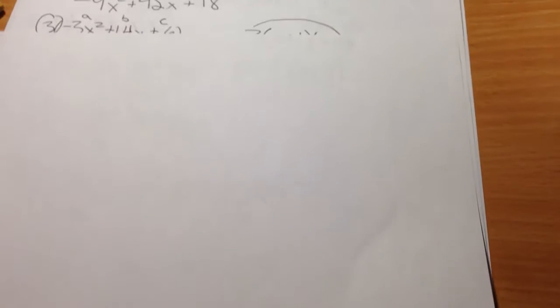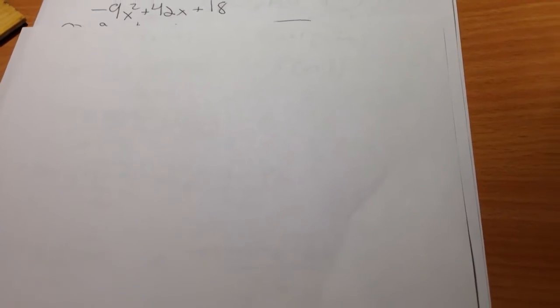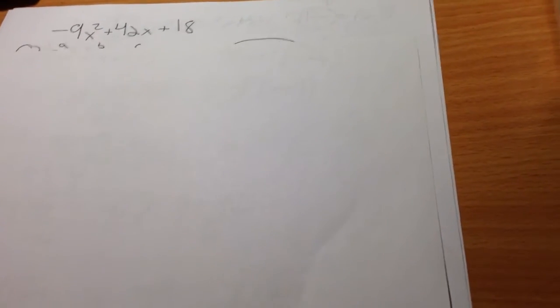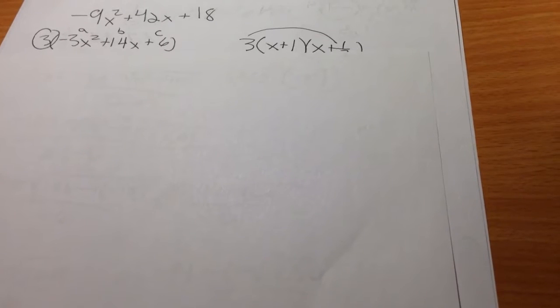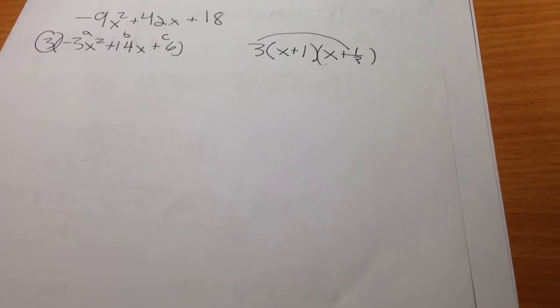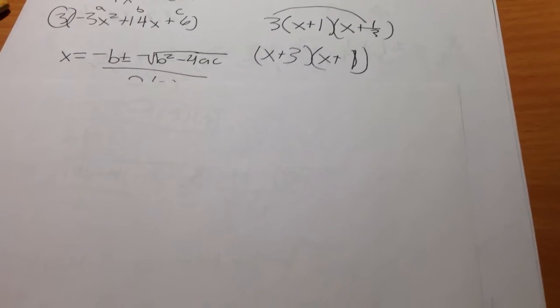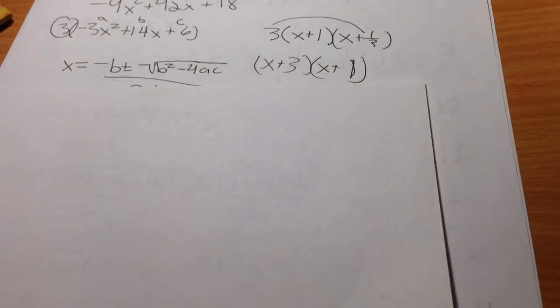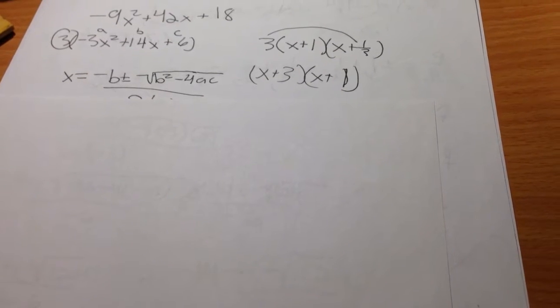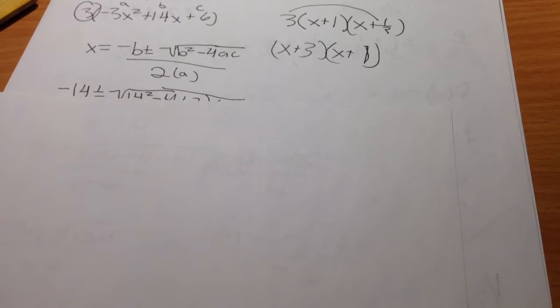And then you end up with that, and you can try to factor it, but you can't. Well, first you take out the 3, and then you take out the 3, and then you get -3x² plus 14x plus 6, and you have to plug it into the quadratic formula.